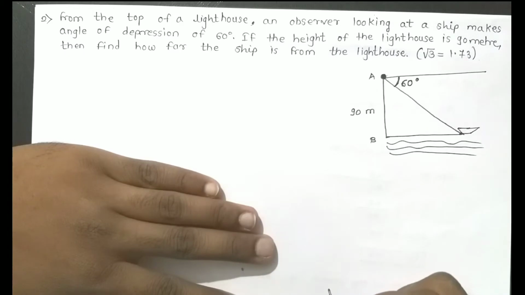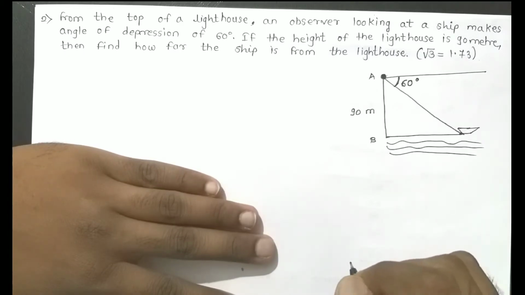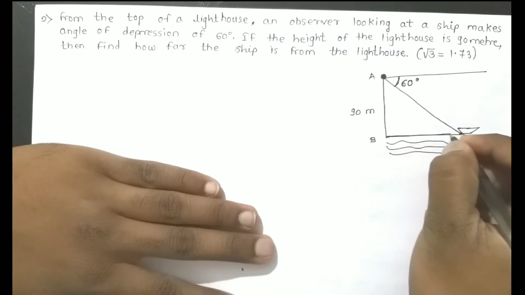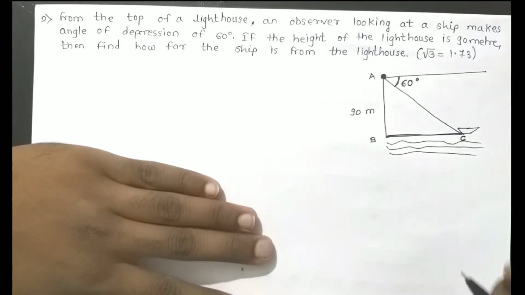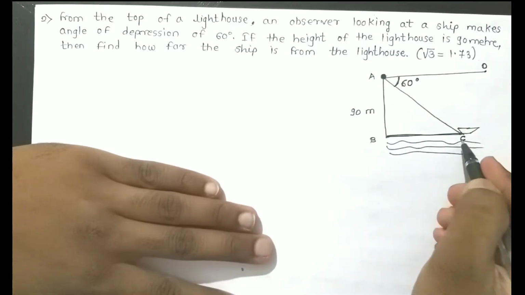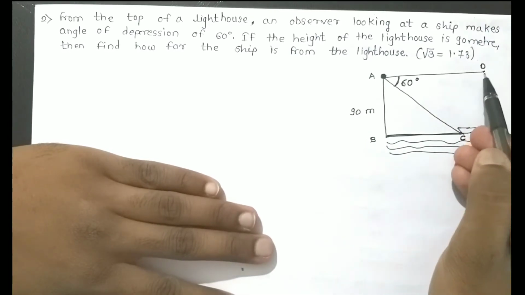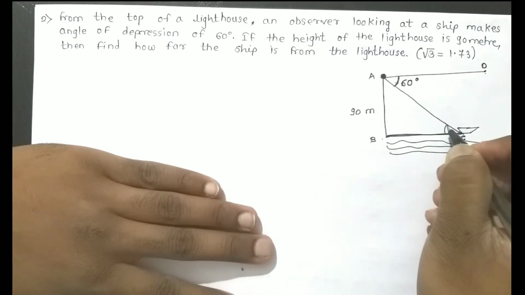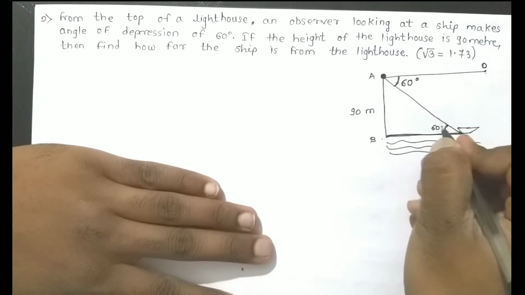Then how far is the ship from the lighthouse? We have to find this distance BC. DAC and ACB are alternate angles, so this angle is also 60 degree.